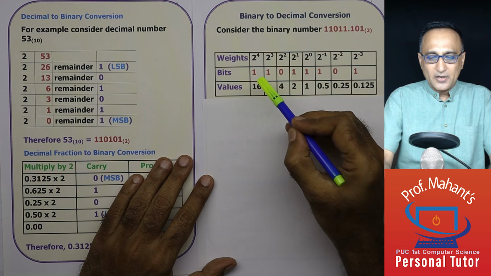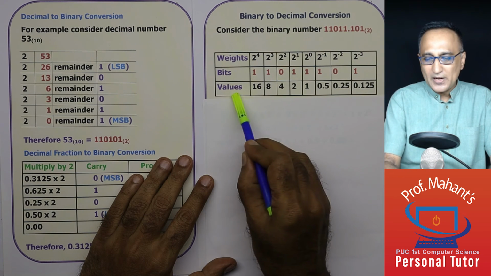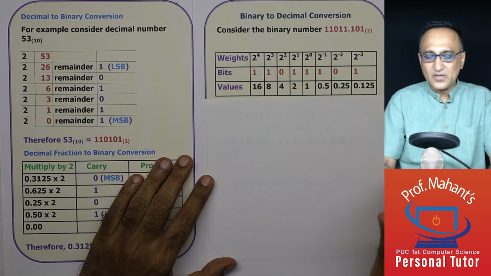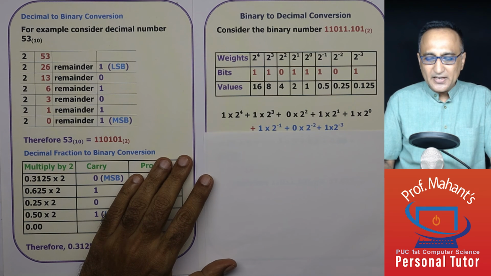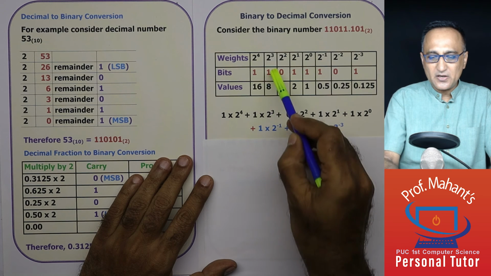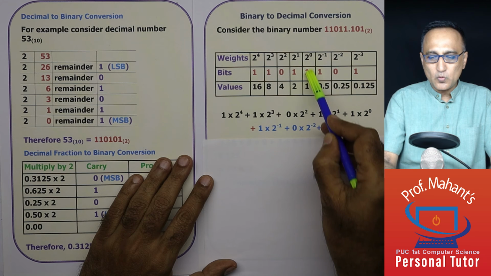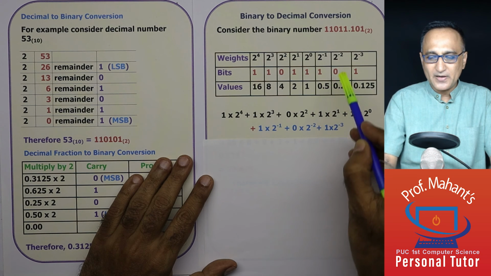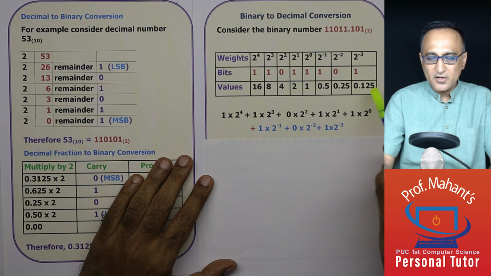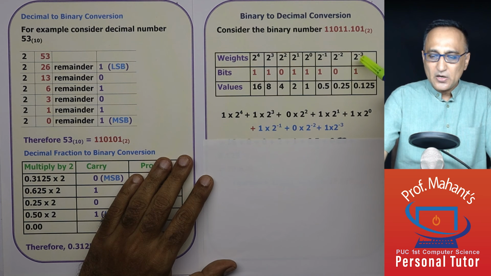Very simple formula. You multiply each individual bit by its weight. The weight values are represented at the bottom here. So take a look here. 1 into 2 raised to 4 is as good as 1 into 16. 1 into 8, 0 into 4, 1 into 2, 1 into 1, 1 into 0.5, 0 into 0.25, 1 into 0.125. Okay, because this is as good as 1 upon 8.